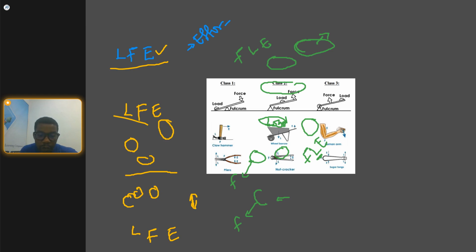So where you put the nut is the load, letter L, and where you actually apply the force, the effort, is this point, which is called the what? The effort. So we also have the same arrangement. The first letter is F, followed by L, followed by E. So the load is in between the fulcrum and the effort.